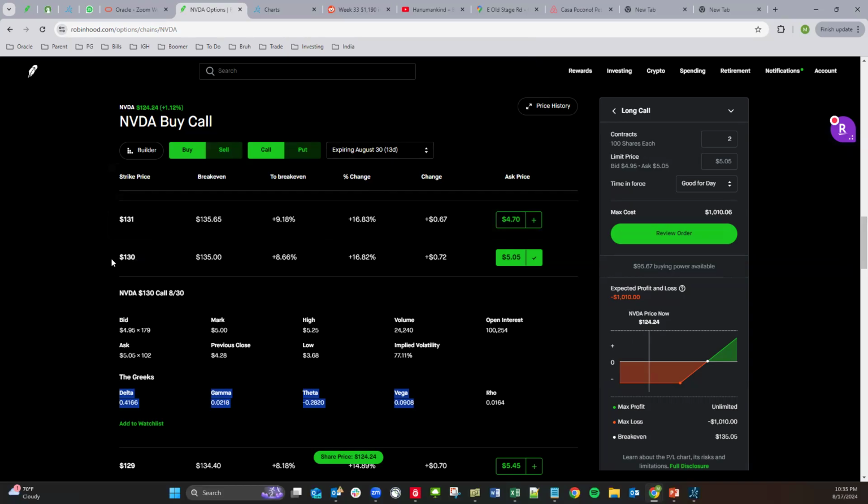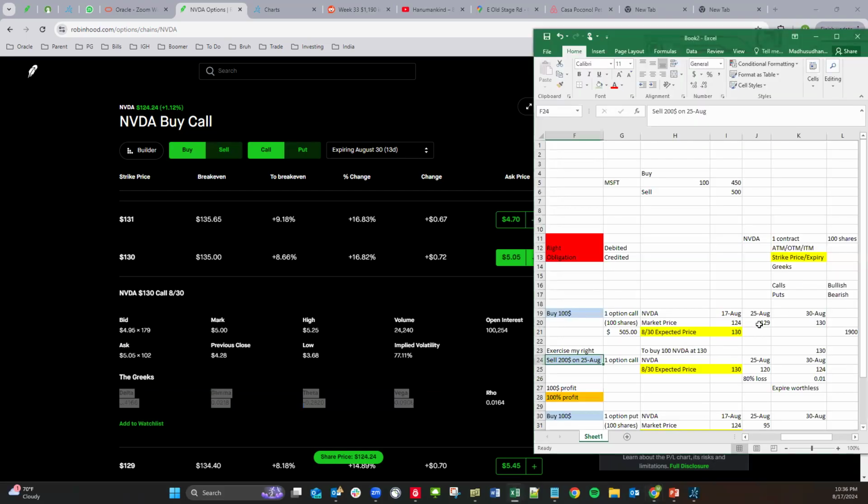Then what strike price you want to choose, you have to decide based on the Greeks. And I'll explain how these are going to help to choose the corresponding strike price and which ones are better to choose. That will help to answer your question whether on 25th August, when it went to 129, I will gain or lose.